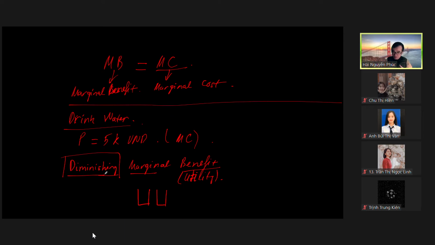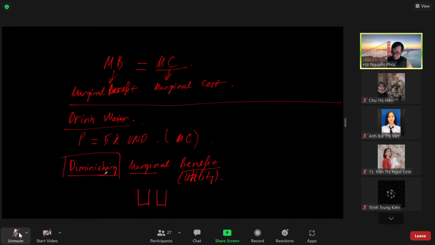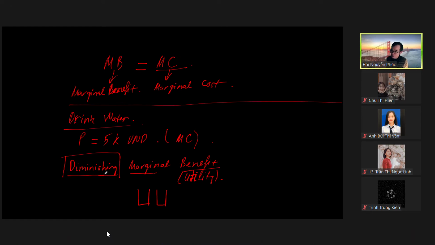So the idea is the following. You drink the first glass of water. It will give you a huge marginal benefit, right? You continue to drink the second bottle of water. It gives you a marginal benefit which is lower than the first one.